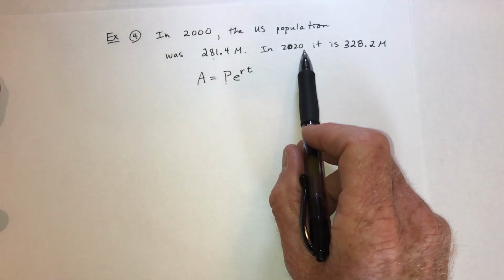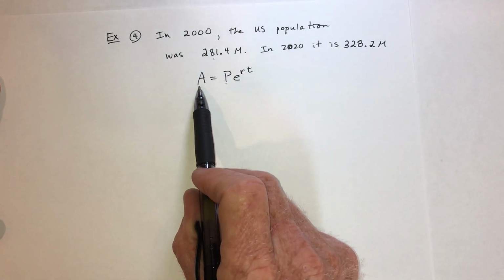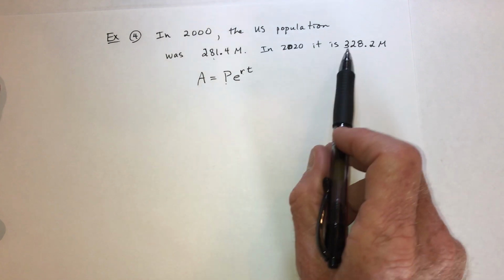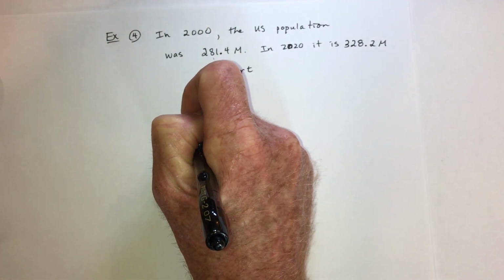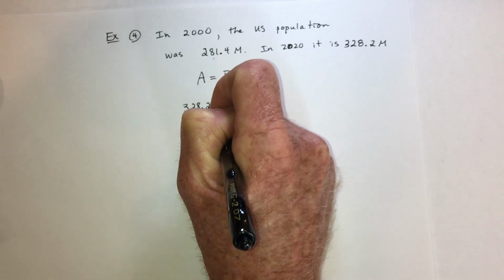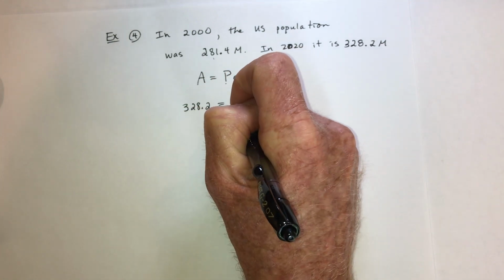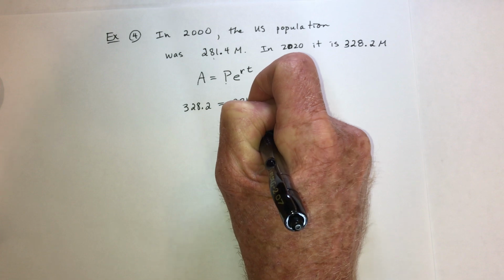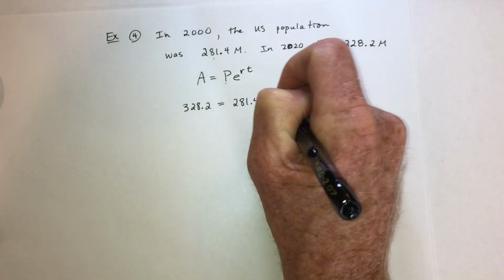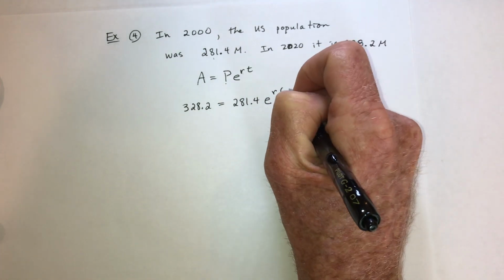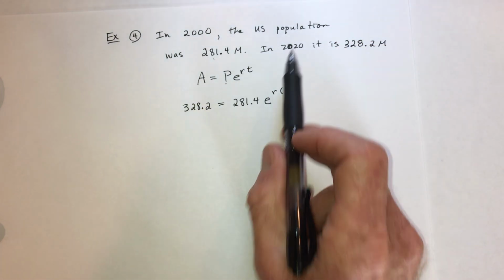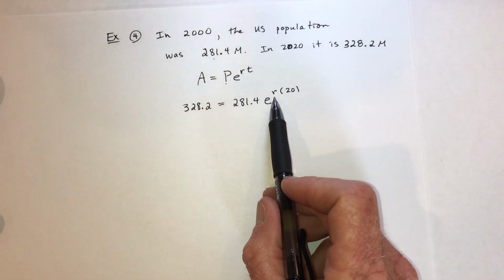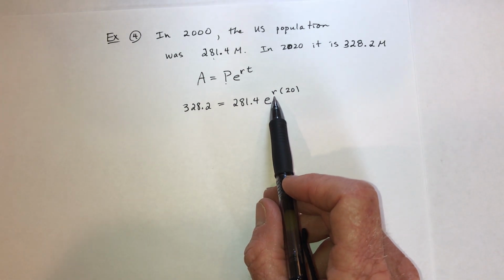So as you could see, that's 20 years. And this is the ending amount, which will be the 328.2 million. So the P is the beginning amount, and then e to the R, and T is 20 years from the year 2000 to 2020. And then we need to solve for R using some pre-calculus.